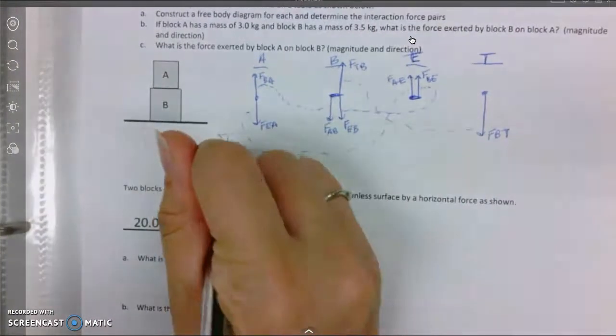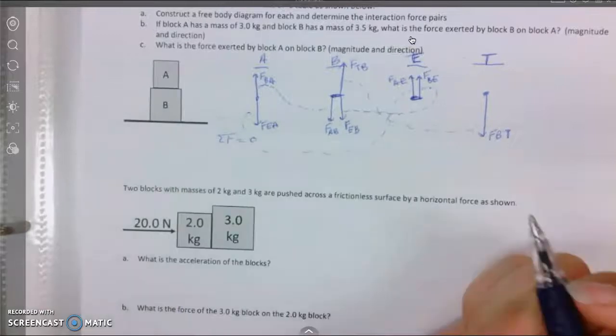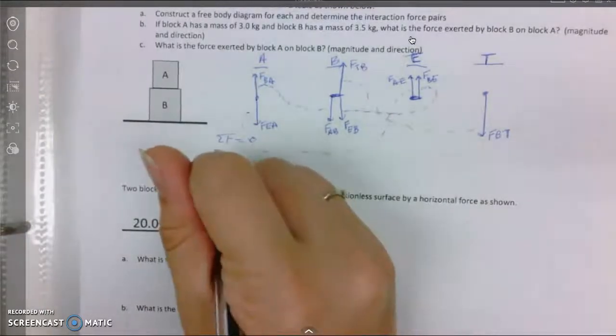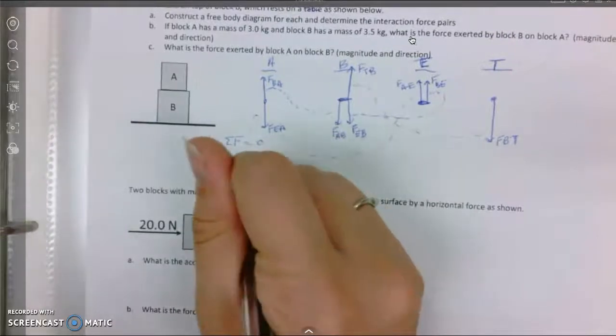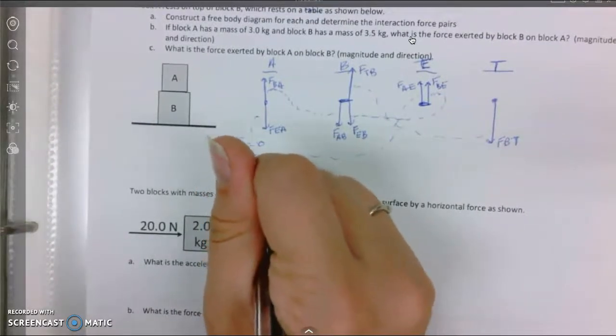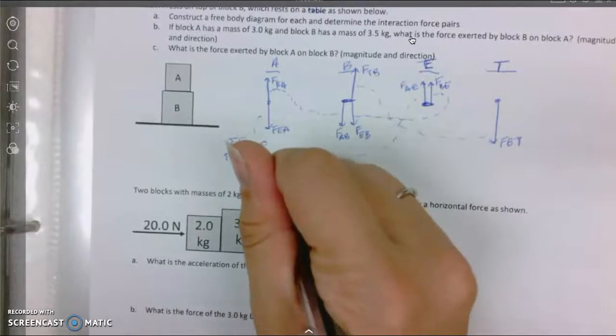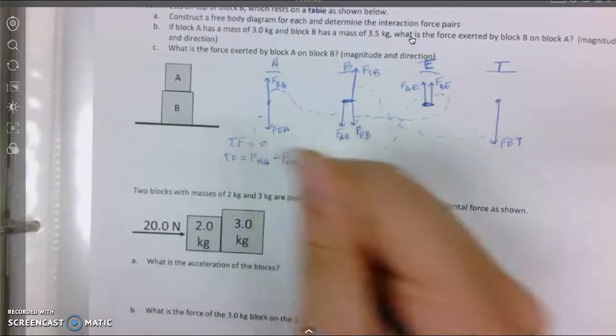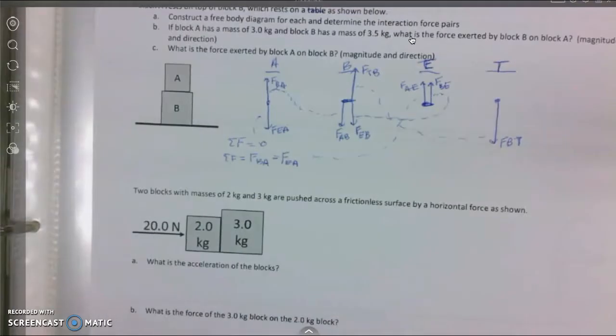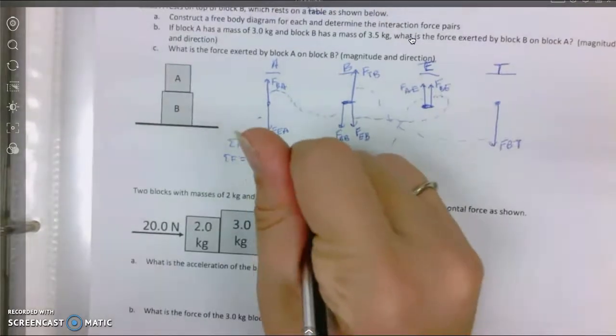We know block A is not moving, so the sum of the forces has to equal 0. The sum of the forces are also the force of B on A minus the force of Earth on A, okay? And that's going to equal 0.